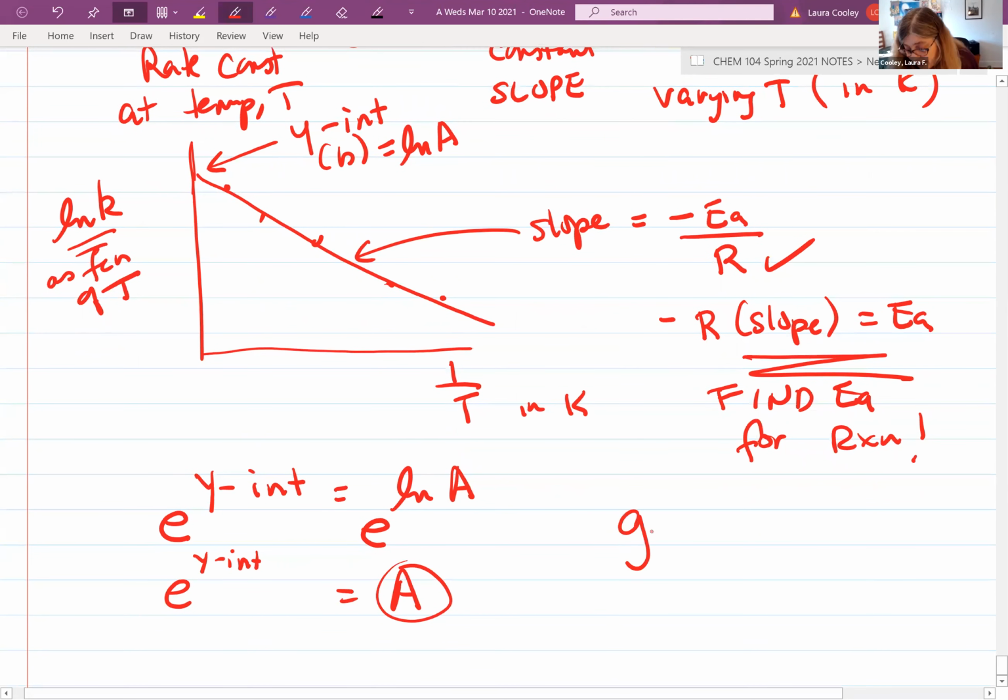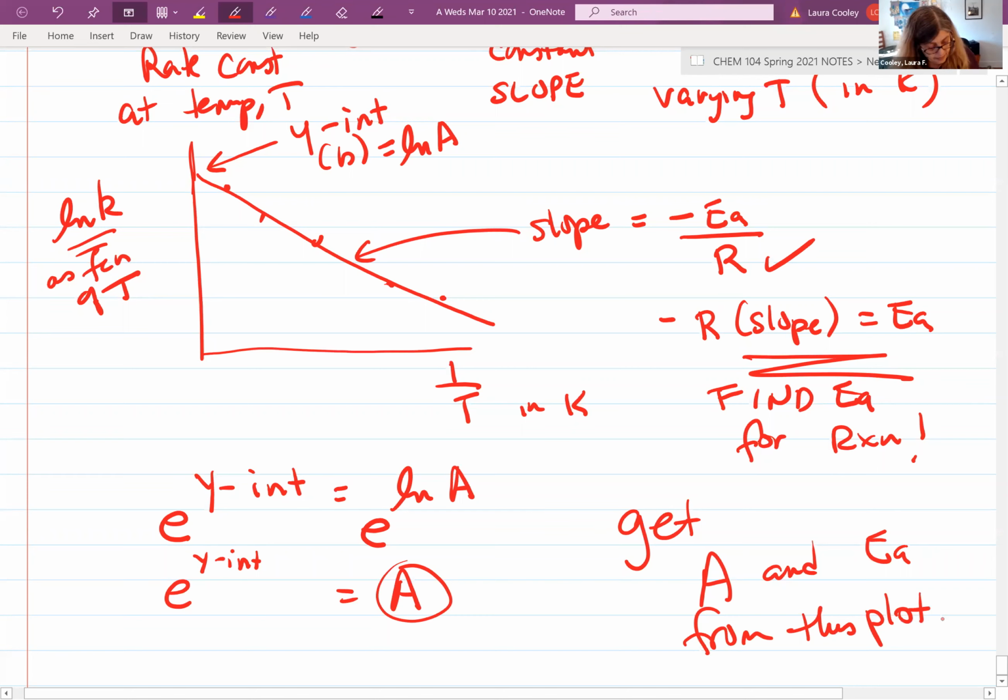So you can get A and EA from this plot. And that is what you're going to be doing in lab next week.